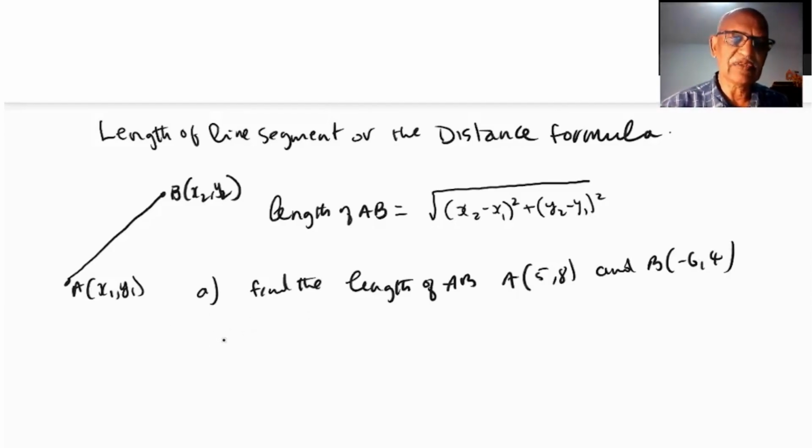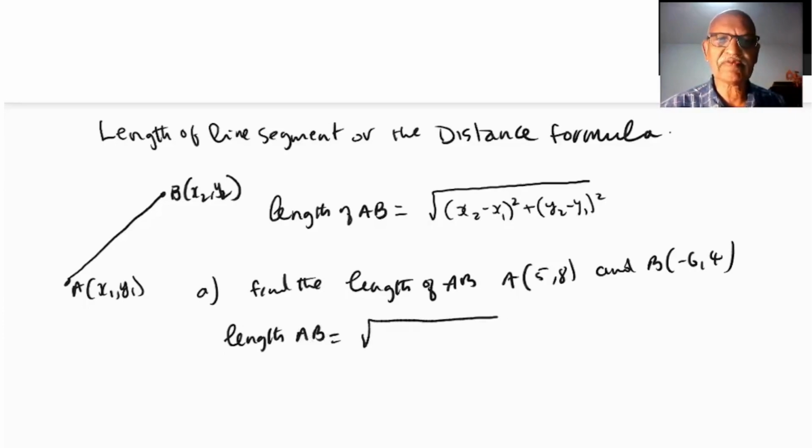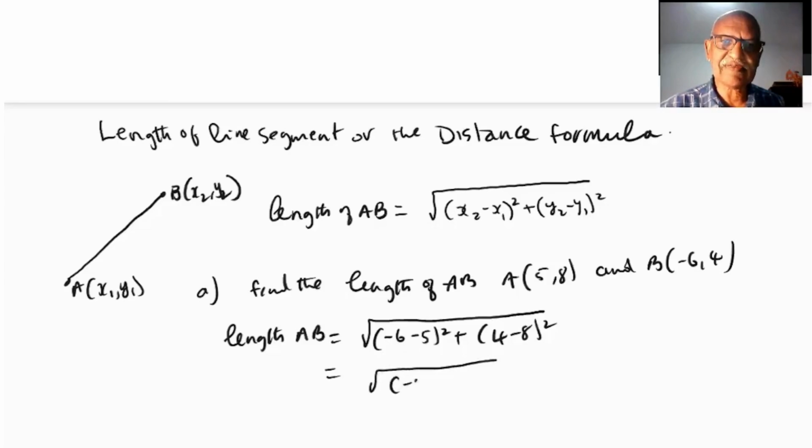So we say length of AB, which is the square root of negative 6 minus 5 square plus 4 minus 8 square. This is the square root of negative 6 minus 5 is negative 11 square plus negative 4 square.